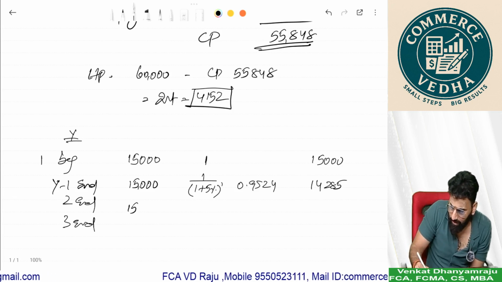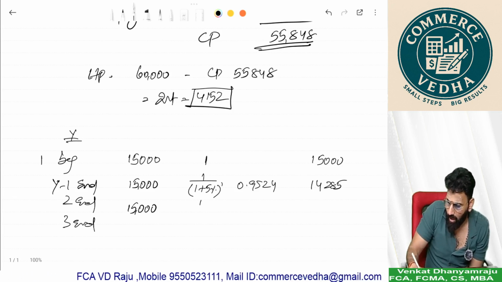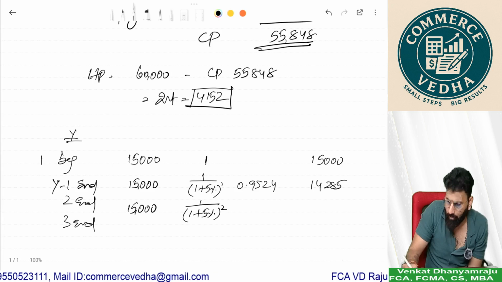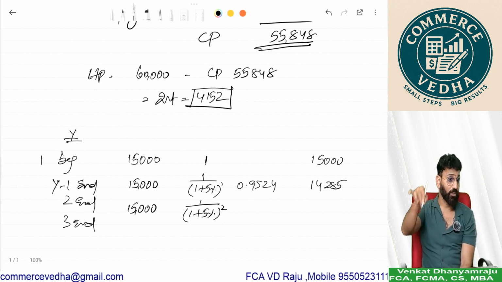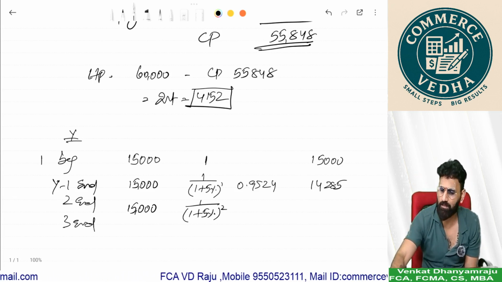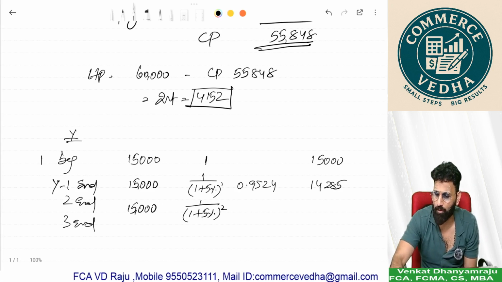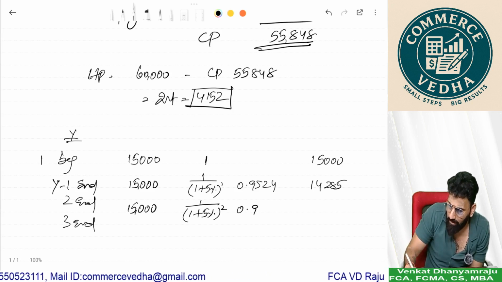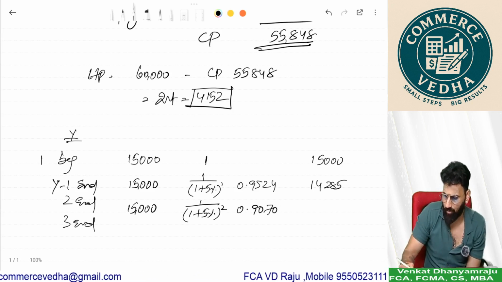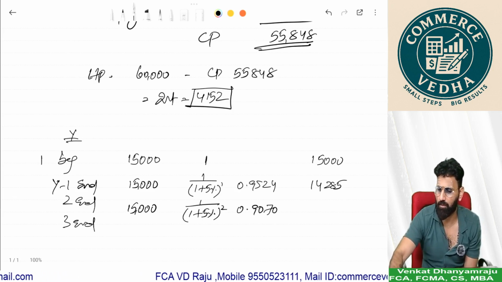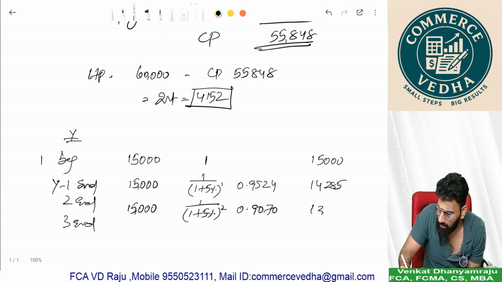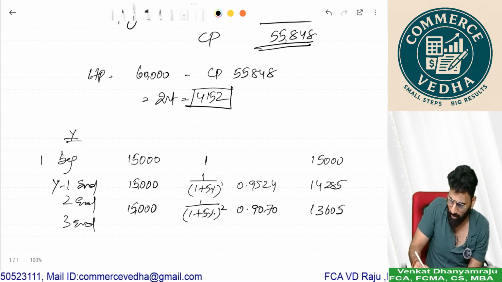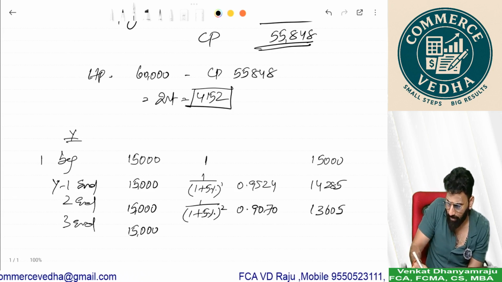Second year again I paid 15,000. I should discount at 1 plus 5% to the power of 2. From your capital budgeting principles, present value, which is 1 divided by 1.05 to the power of 2, is 0.9070, into 15,000. I got 13,605.